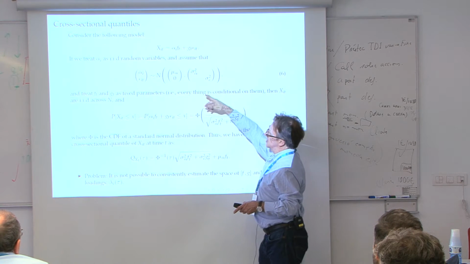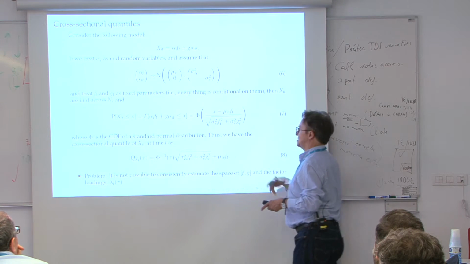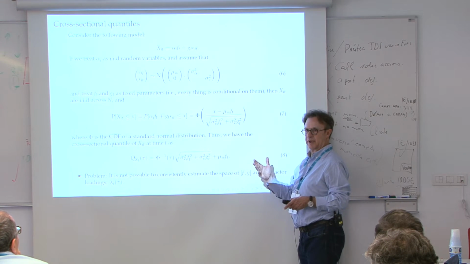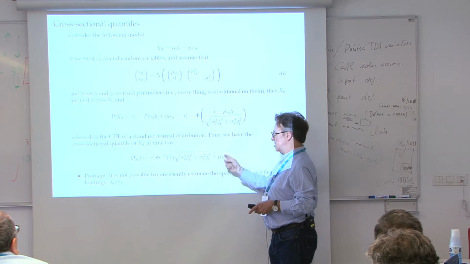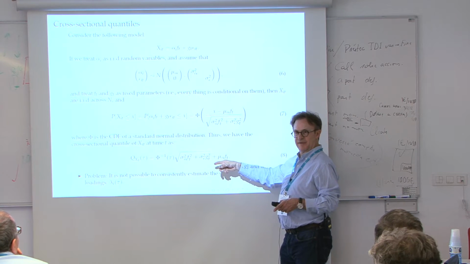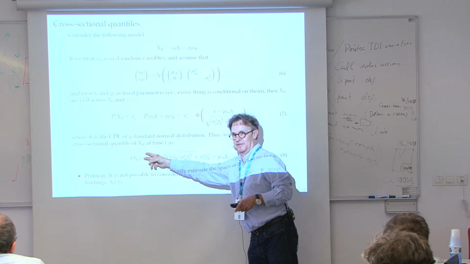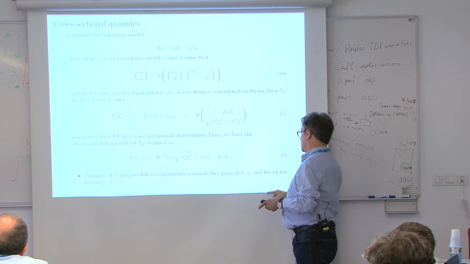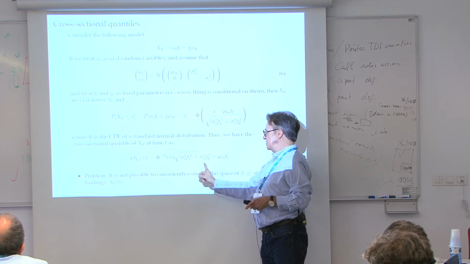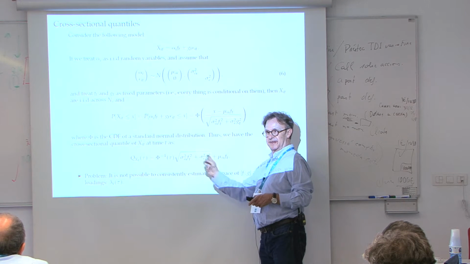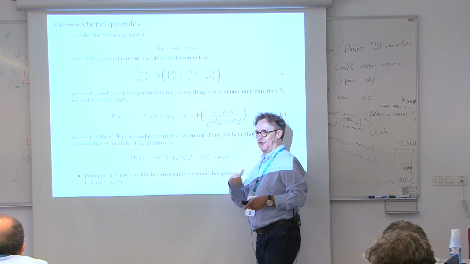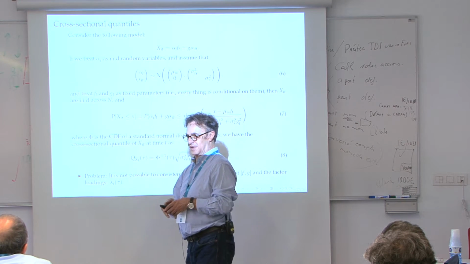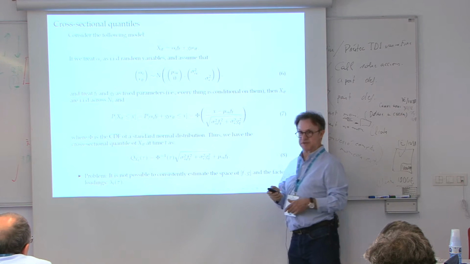In this case, by assuming normality, this will be the CDF. And then we can define the corresponding quantiles. What's the problem here? As you can see immediately from the expression of the corresponding quantiles, it's not possible to estimate consistently the space spanned by F and G. They come together. So this means that the cross-sectional quantiles don't fall into the scope of the representation that we propose here.